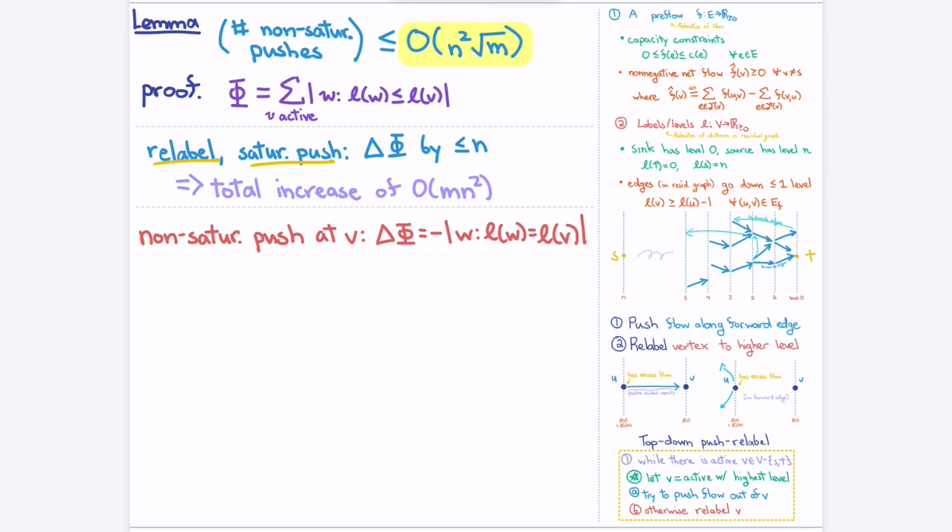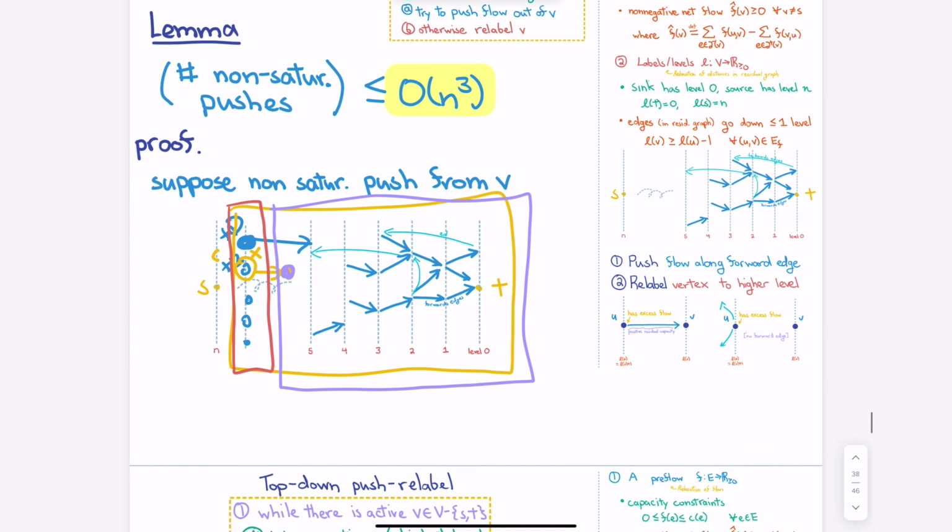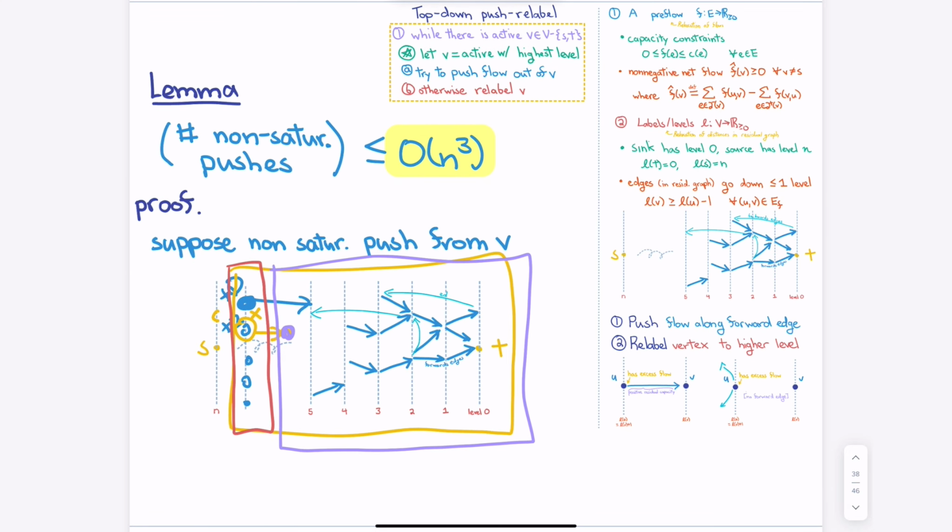So, for example, if this is really big, if there are n vertices here, then you're going down by n. That's really great. Or if there are square root n vertices here, you're going down by square root n. That's also great, and you're making a lot of progress on your potential.